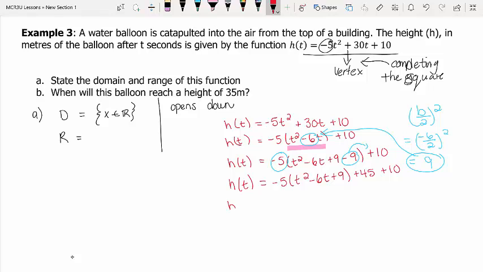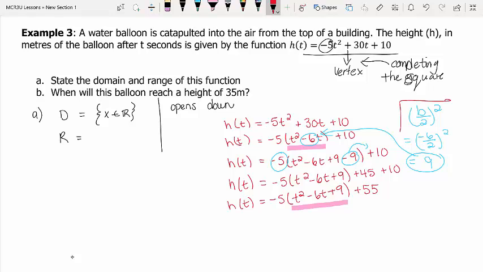Okay, now let's simplify this. Okay, we need to now factor this, and you're going to notice that this is a perfect square trinomial, so we can use that shortcut method. And this will always be a perfect square trinomial, right?